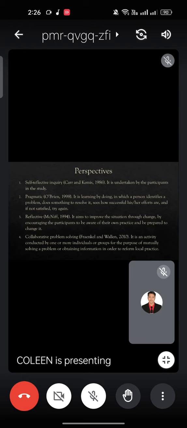It's pragmatic, it's experiential. It is learning by doing, in which a person identifies a problem, does something to resolve it, and looks for the solution to the problem. We see how successful the efforts are, and if not, this describes the cyclical nature of an action research. You can try again. You look for another problem, or you can modify your problem.